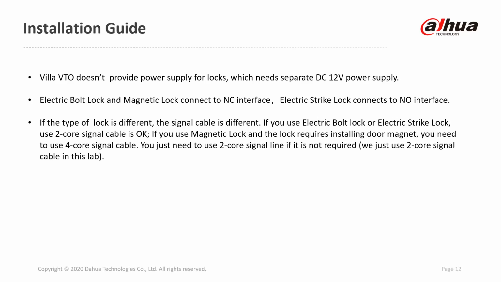The type of lock is different, so the signal cable is different. If you use an electric bolt lock or electric strike lock, a 2-core signal cable is okay. If you use a magnetic lock, the lock requires installing the magnet, and you need to use a 4-core signal cable. If 2-core signal line is not required, we just use 2-core signal.